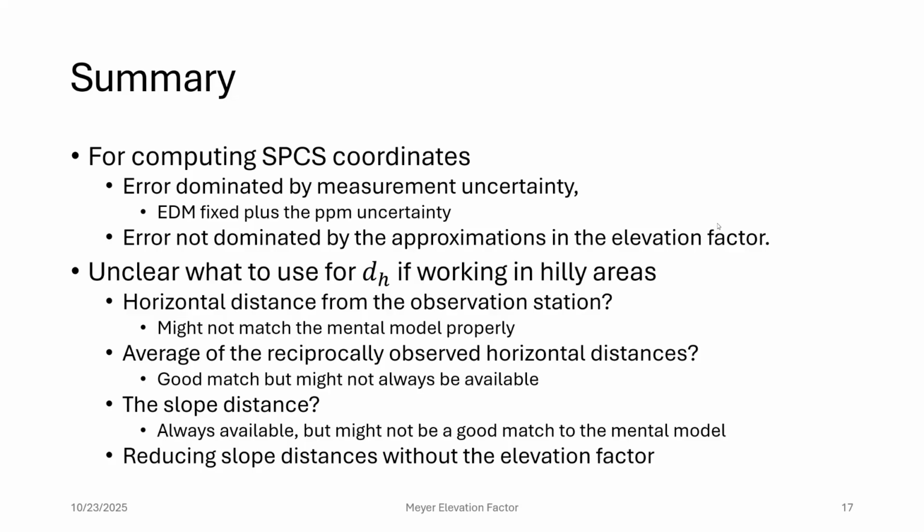For the sorts of lines surveyors use, hundreds of meters maybe, usually less, the error is going to be far, far less than a millimeter. And so the uncertainty from our instrumentation, like the fixed parts per million uncertainty with an EDM, is certainly going to dominate the error in the state plane coordinates. So we can just say that the elevation factor just works.